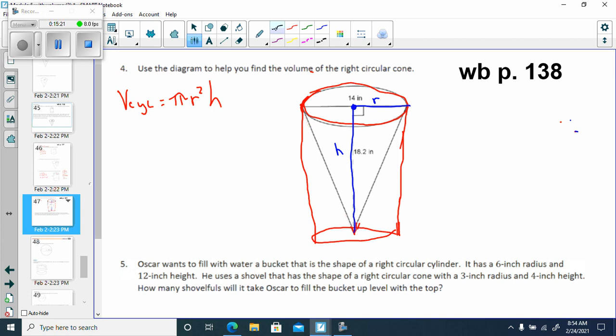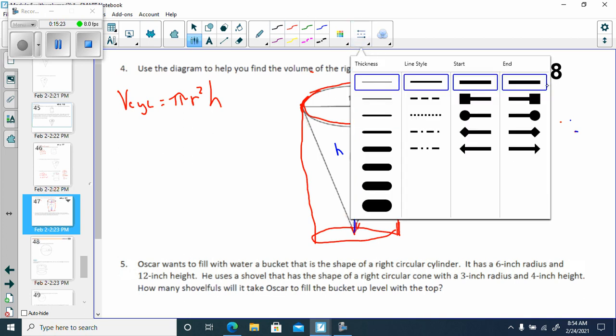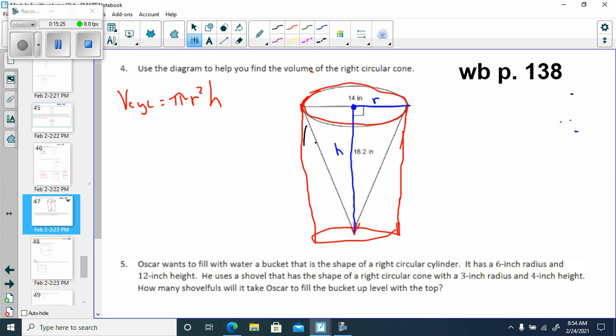I want you to notice what we have done. We have basically removed part of the volume of the cylinder, haven't we? We're cutting out these two pieces of the cylinder. Look, there's three pieces here. So we're cutting out 2/3 of that cylinder.